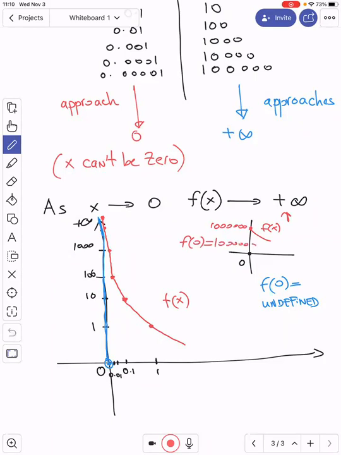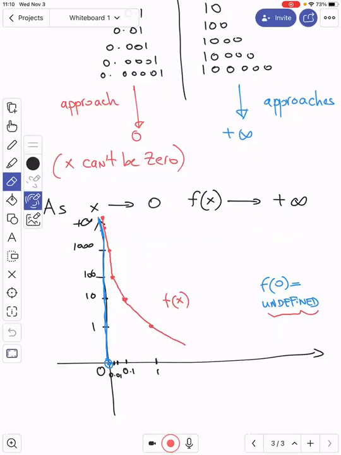But the thing is, f of 0 is undefined, so you're not supposed to touch the y-axis. So there's no intersection between the graph and the y-axis.